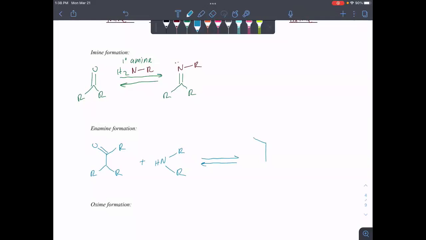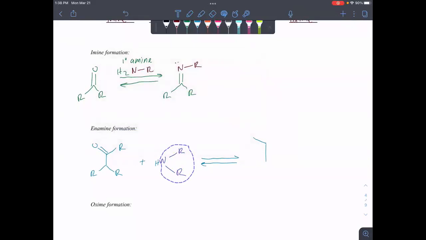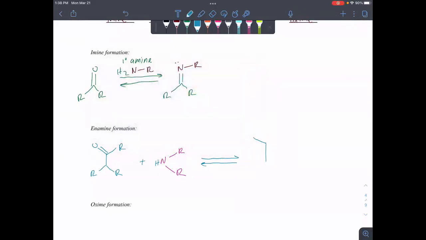Remember, we are just cutting and pasting the amine onto the carbonyl. And we don't put the double bond onto the nitrogen. We put it on a carbon away from it. So we could put the double bond either on this side or this side down here. And we're going to go down here because that would give you a more stable alkene.